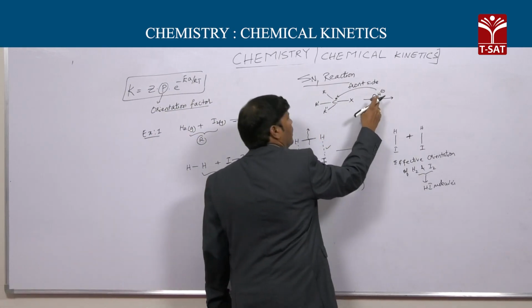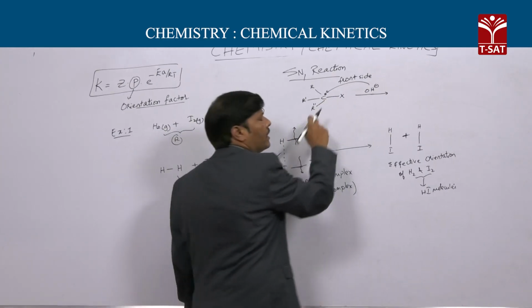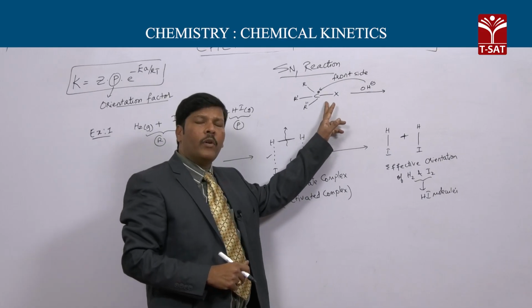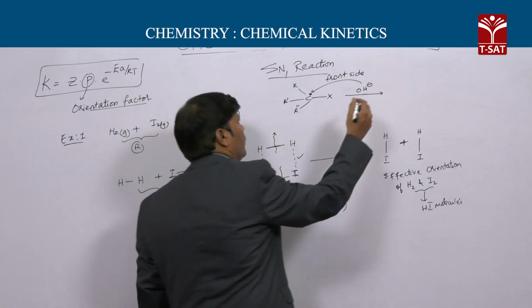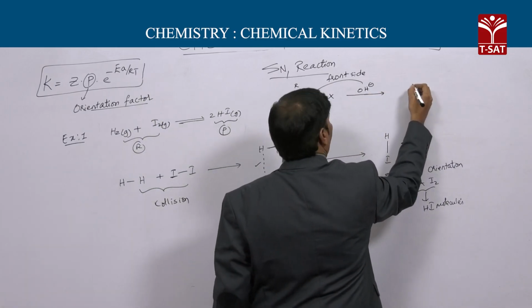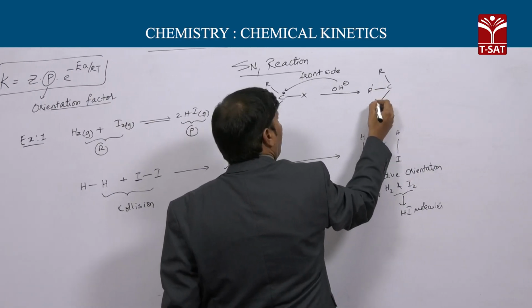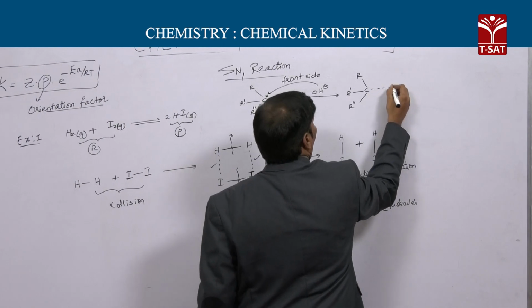You don't find that if the incoming nucleophile OH minus is the nucleophile, if it is attacking the stereogenic carbon from the front side, this carbon halide bond will not break and there is no question of formation of any bonds. A kind of repulsion takes place, and even if the product formation takes place, it is very difficult. Actually, you find that some kind of repulsion occurs here.